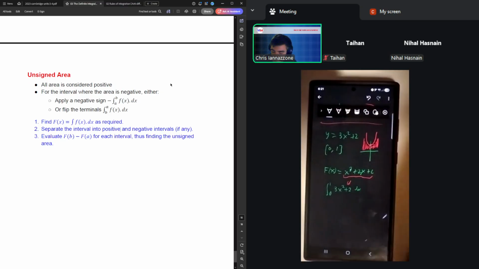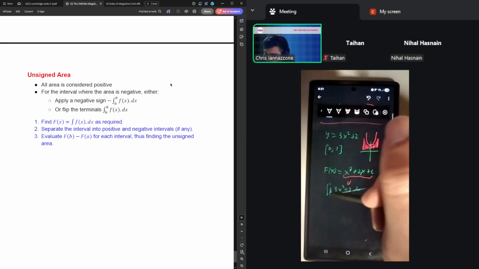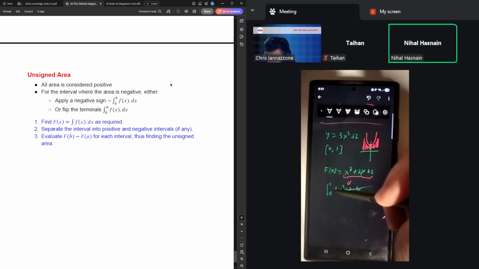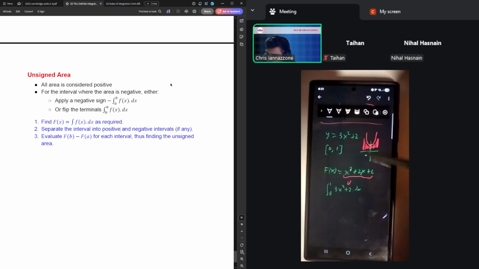Sure. Okay, so as in you'll do integral 0 to 1 of that f of x underneath it. Yep. Okay, yeah, that makes sense. As long as you don't try to evaluate. Well, I guess you can look ahead of time before doing any of this as a first step, just to say, hey, where's positive, where's negative. Yeah, that's fine as long as you're doing that first, right?